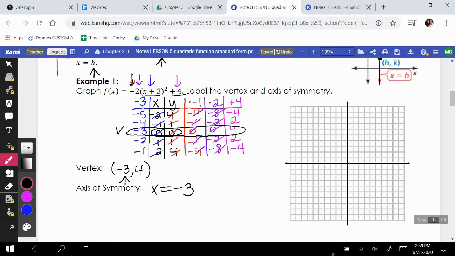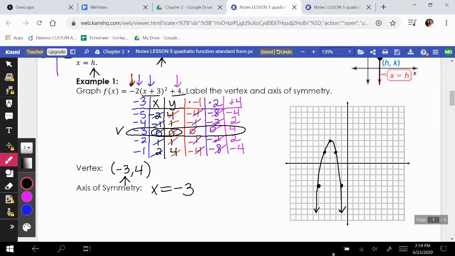Let's plot those points. We have -5, -4. We have -4, 2. We have -3, 4. We have -2, 2. And -1, -4. Okay, so this is what my parabola looks like.